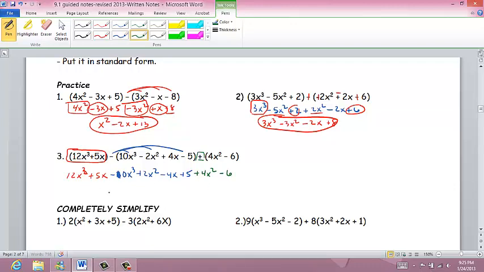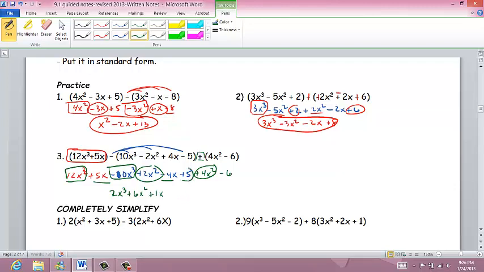And once I have this, I go ahead and combine like terms. 12x to the third minus 10x to the third gives me 2x to the third. Then 2x squared plus 4x squared gives you 6x squared. 5x minus 4x will give us positive 1x.